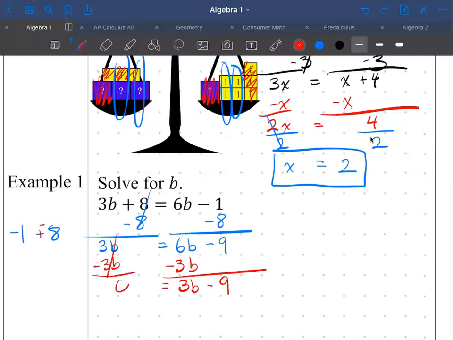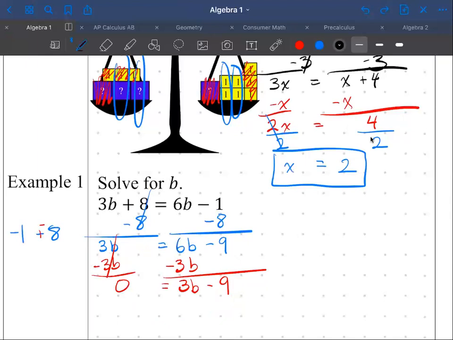So we'd have 0, which is fine. It just means that we have to move either the 9 to the left or we have to move the 3b to the left, one or the other. So you can go this path. And Jose kind of found the shortcut, which was instead of subtracting 3b on both sides right here, if we instead subtracted 6b and moved the 6b over here, then we would kind of skip a step. But we can still get the same answer.